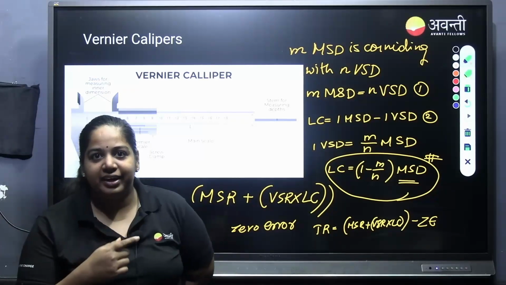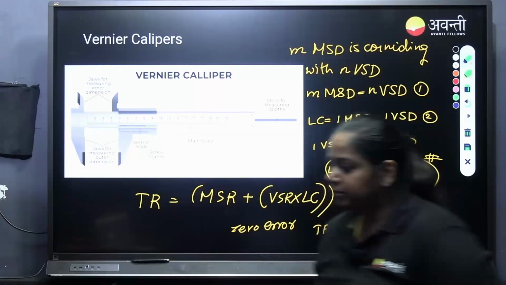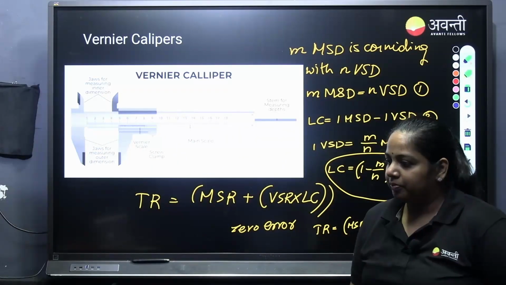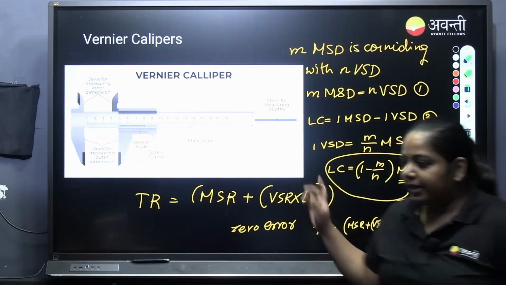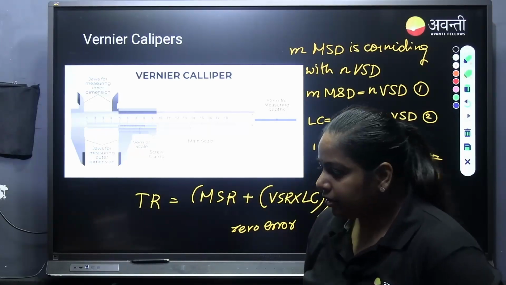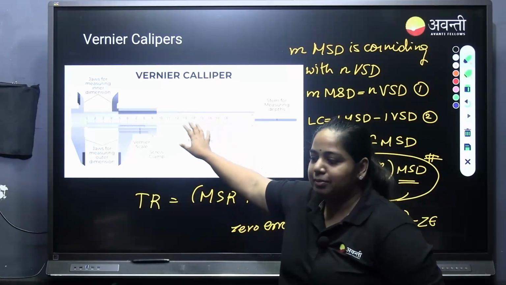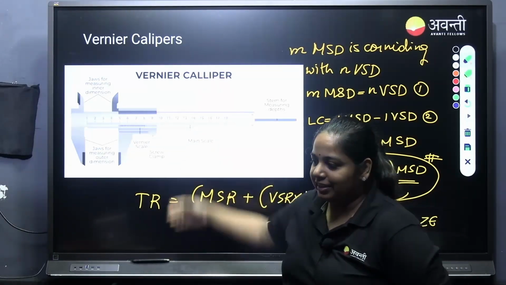Is it a blurry image? Now is it okay? Okay. Should I explain everything I told you earlier? If you are not able to see this image, no problem. It's just an image of vernier calipers. You have seen that thing.